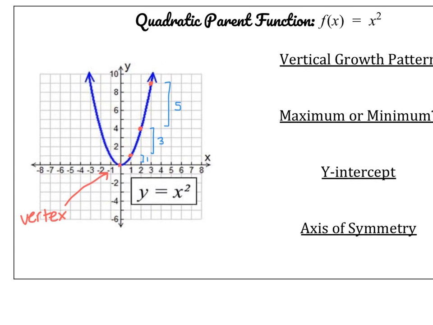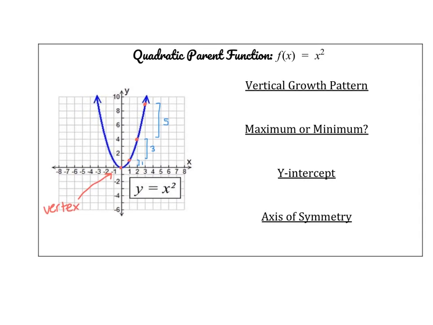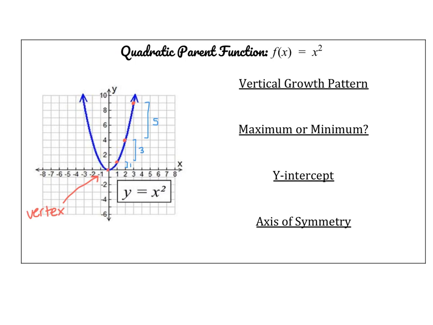So we can use this pattern, and again, we can adapt it for different equations, but I like to say that the vertical growth pattern is 1, 3, 5. And then, when necessary, we multiply that growth pattern by your a value, which is the coefficient of x squared. So let's say our a value was 2.